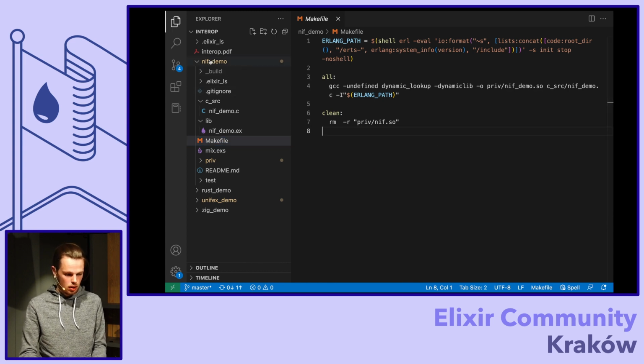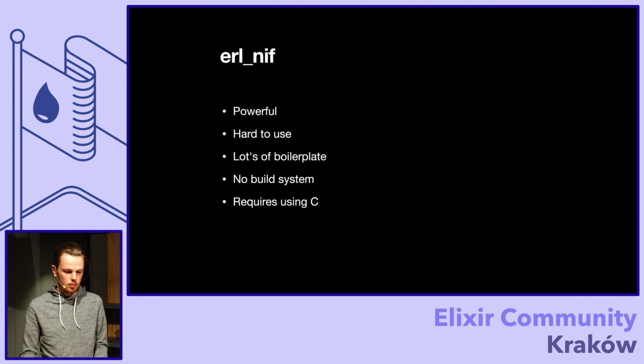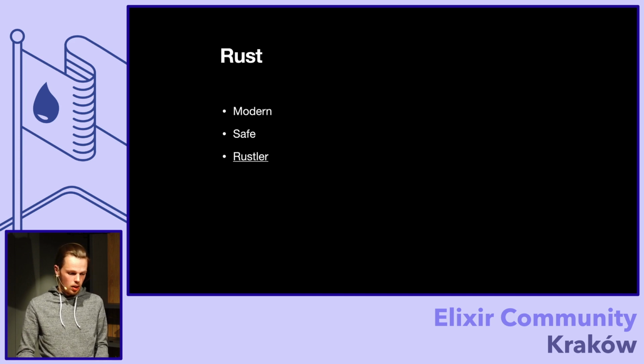So that's pretty tough. What can we do to avoid writing this boilerplate and this tough code, to avoid using erl_nif basically directly? Well, we can use Rust, which has a tool called Rustler.